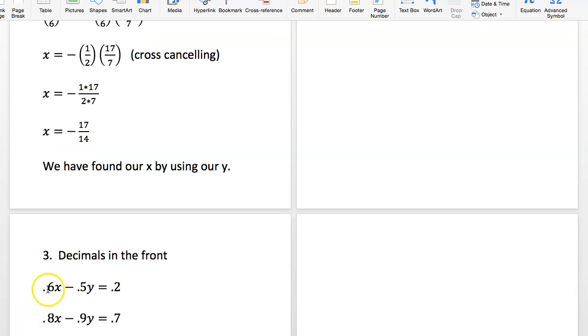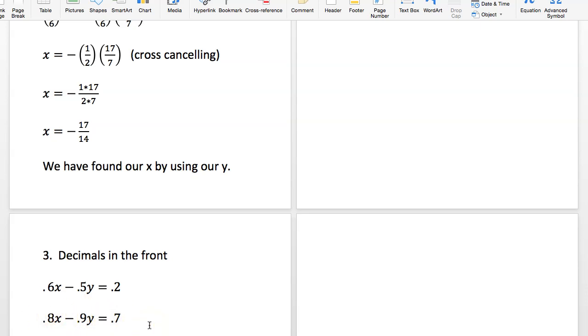So instead of 6 in front of x, it's 0.6. I divided the coefficient by 10. And instead of negative 5 in front of y, it's negative 0.5. And instead of 2 on the right side of the equation, it's 0.2. It's like turning $2 into 20 cents, a $5 debt into a 50-cent debt, and $6 into 60 cents, and likewise down here, the same idea.